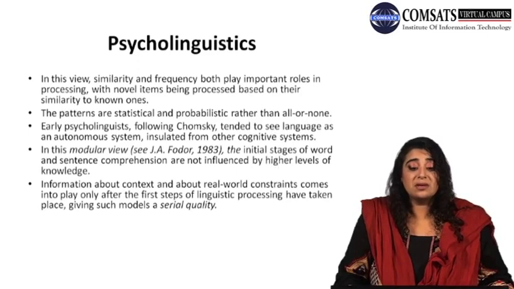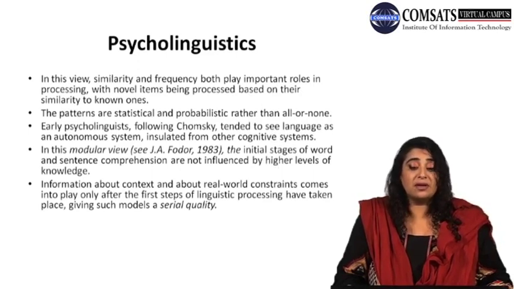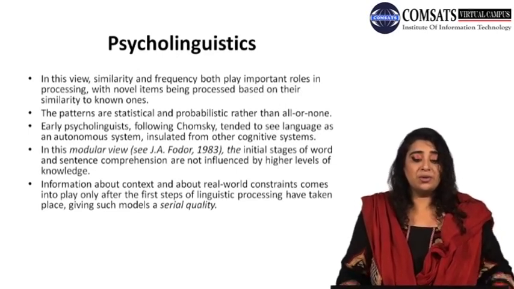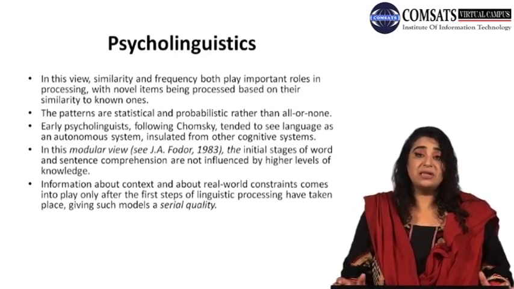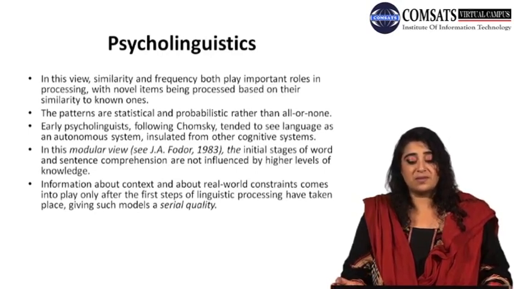Early psycholinguists, following Chomsky, tended to see language as an autonomous system, insulated from other cognitive systems. That means it was on its own, an autonomous system, separated from other cognitive systems.